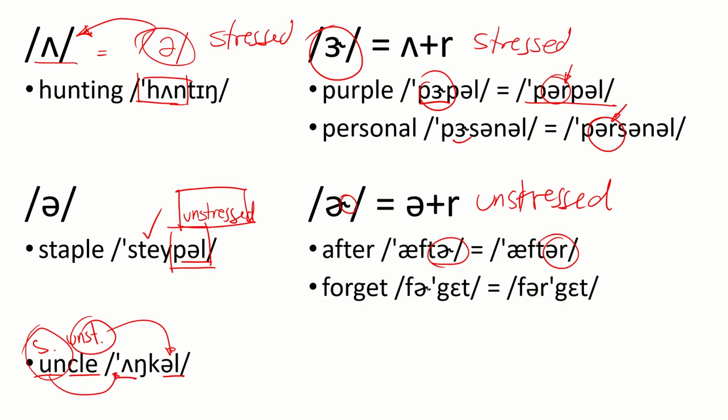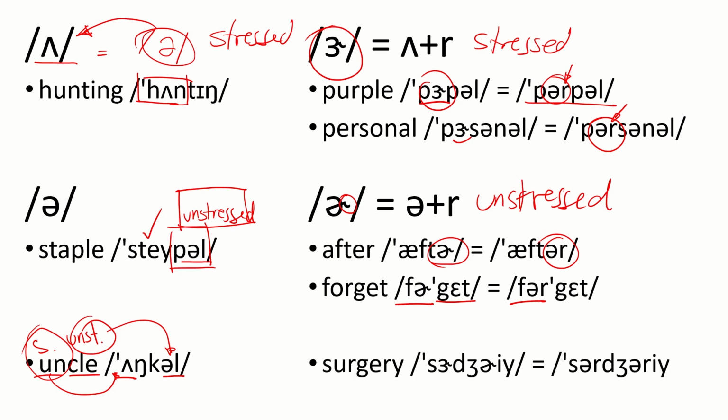So for example, if it's forget, the stressed syllable is get, forget. And you have forget. Same here, you have forget, as you can see and you can find in our book, and again, a whole bunch of other textbooks. So in a word like surgery, you have the stressed and the unstressed version of these, but our book uses the same for both.